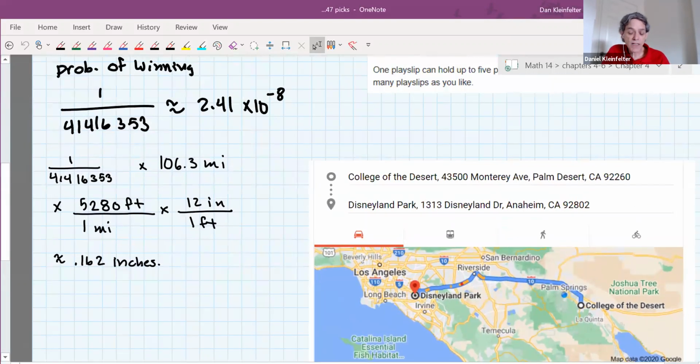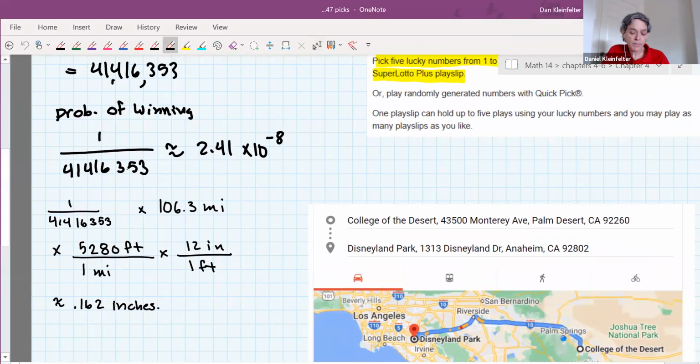So what I did was I took that probability of winning, the 1 in 41 million number, and multiplied that by the distance from COD to Disneyland in miles, and then converted that to inches. It ends up being about 0.162 inches. So a way to interpret that would be this.